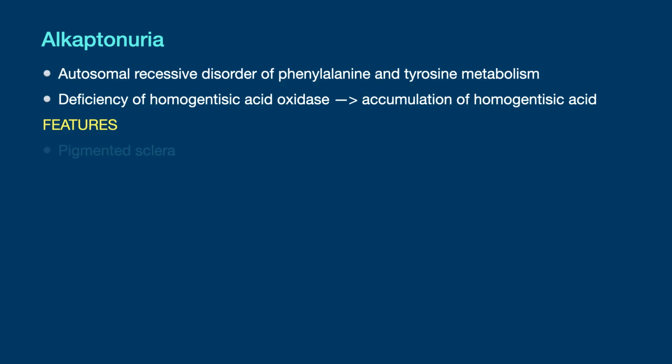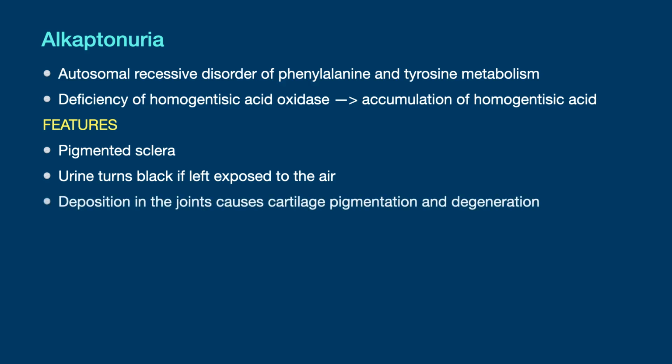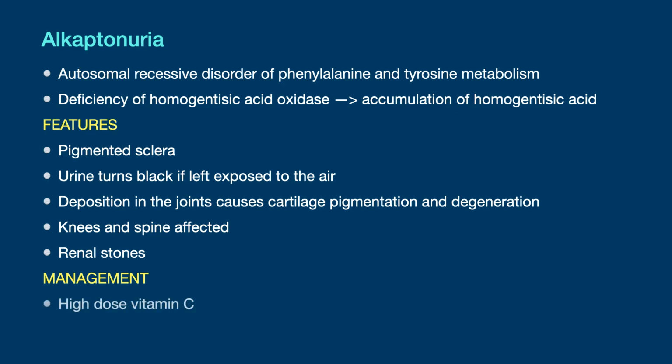Features are pigmented sclera, urine turns black if left exposed to the air, deposition in the joints causes cartilage pigmentation and degeneration, knees and spine are affected, renal stones are seen. Management includes high-dose vitamin C and dietary restriction of phenylalanine and tyrosine.